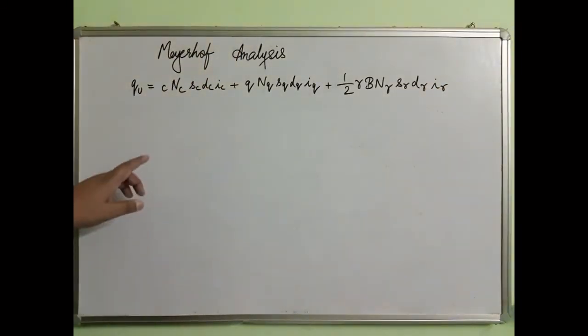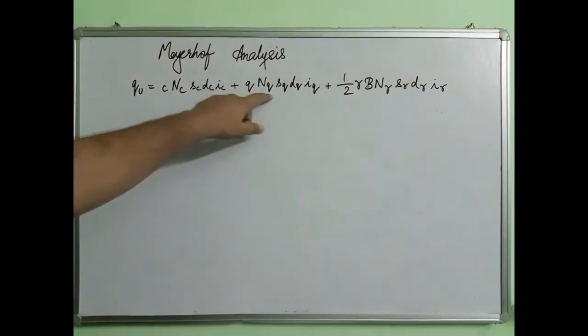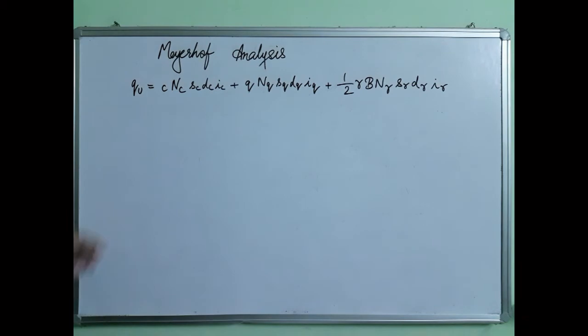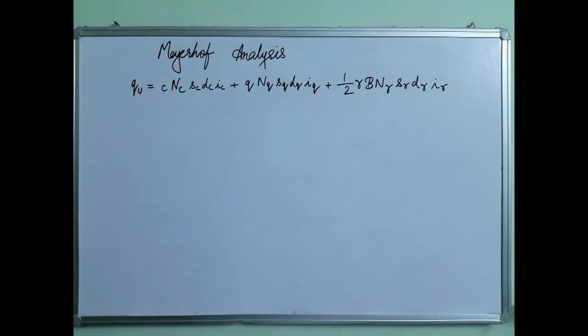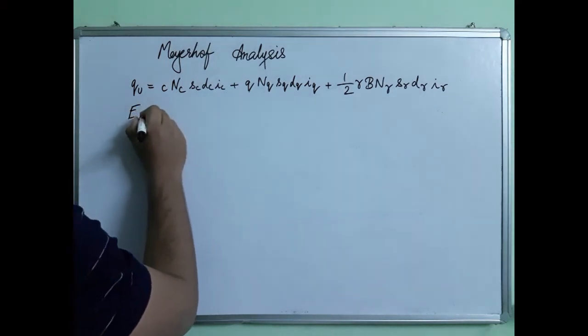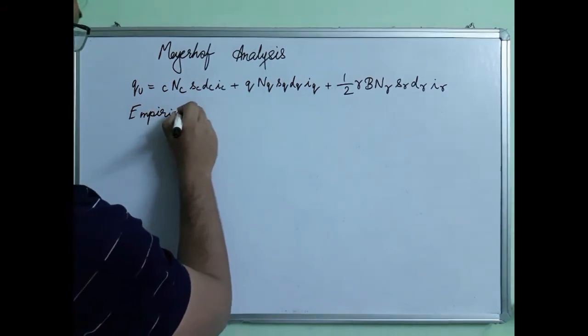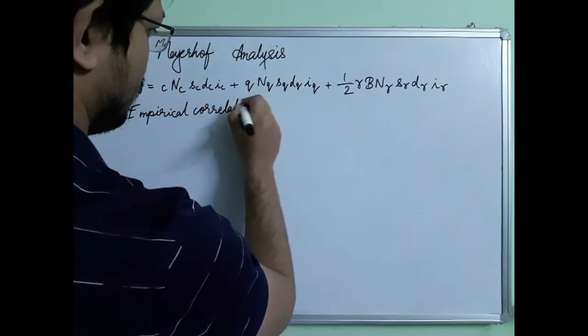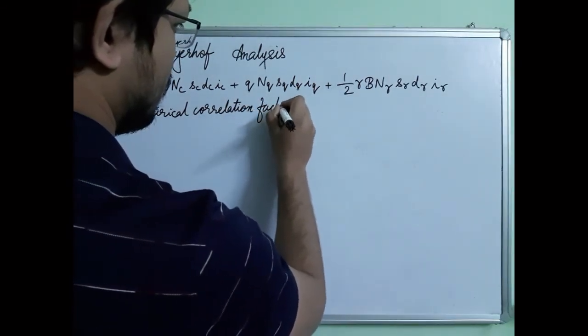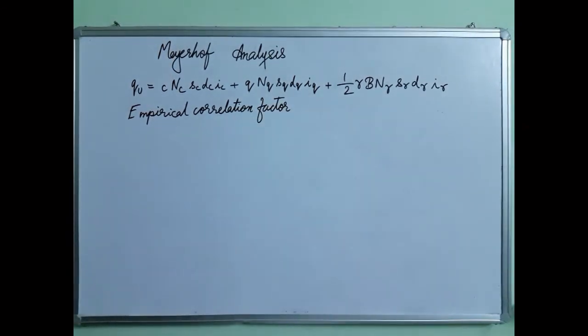We can see here, initially the equation was c Nc plus q Nq plus half gamma B N gamma. Now, there are three terms which are multiplied: Sc, Dc, Ic, then Sq, Dq, Iq, and the third one S gamma, D gamma, I gamma, and these are called empirical correction factors.